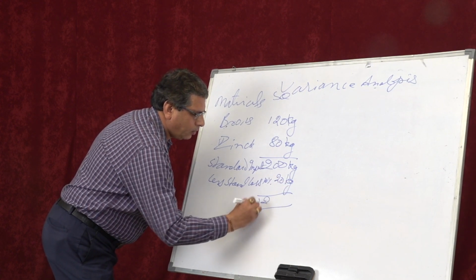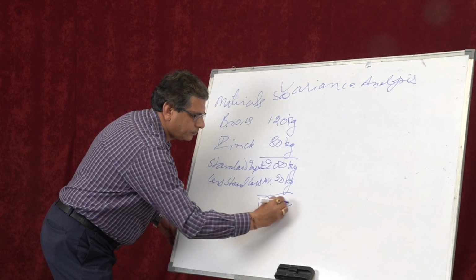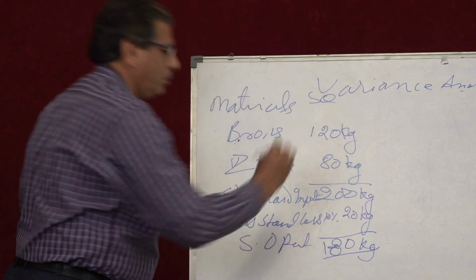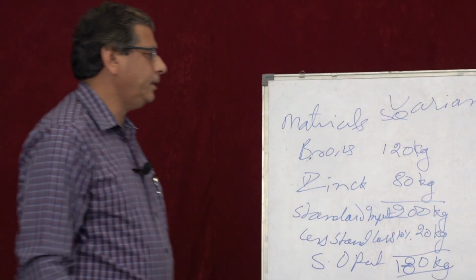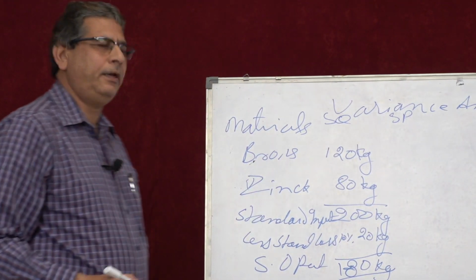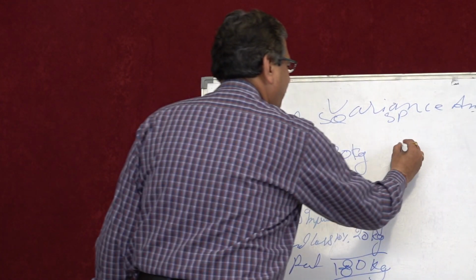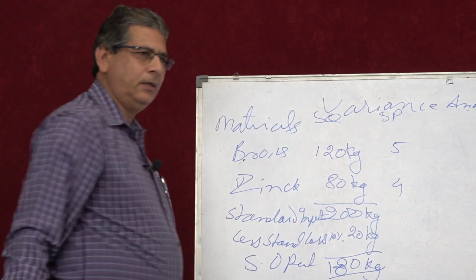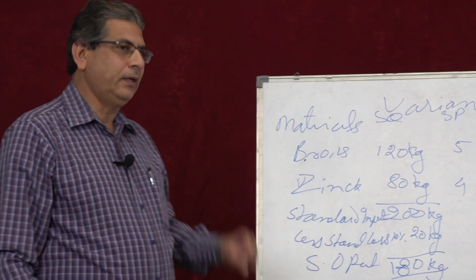So standard output is 180 kg. Let's assume standard prices which are already fixed, for example rupees 5 per kg, rupees 4 per kg. These are the standards given.